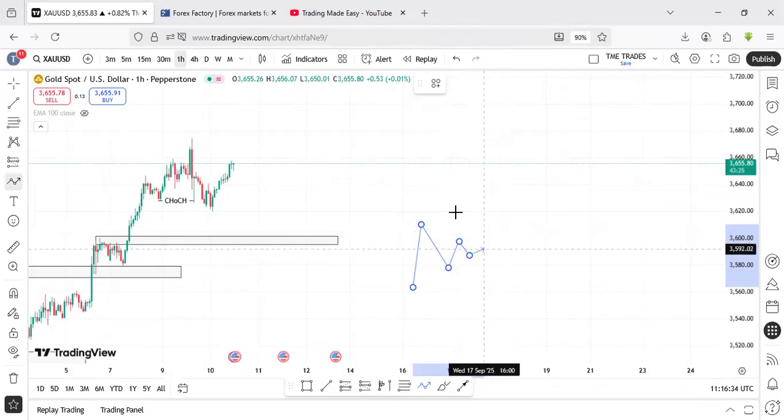This is what we call internal structure. Then we have something like this again before breaking to the upside.